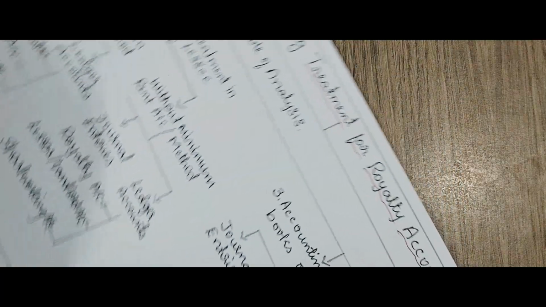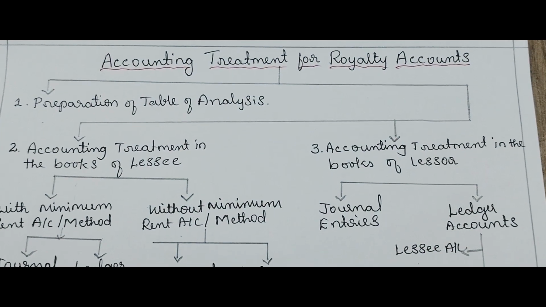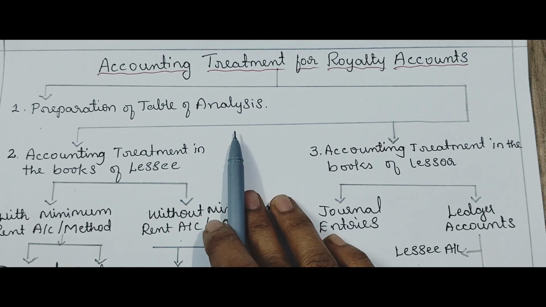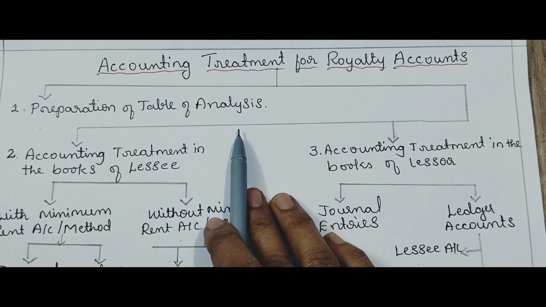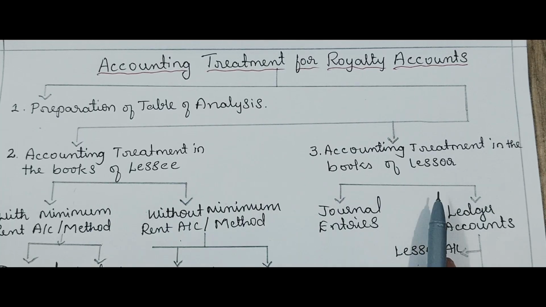Let us now understand the accounting treatment for the royalty account. First, you need to prepare the table of analysis. It is compulsory for both methods, whether you are treating in the books of lessee or lessor.